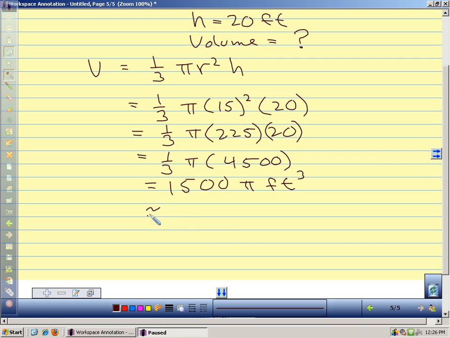And my approximate answer, if I plug that into my calculator, I get 4712.4 cubic feet, rounded to the tenth. Questions on that one?